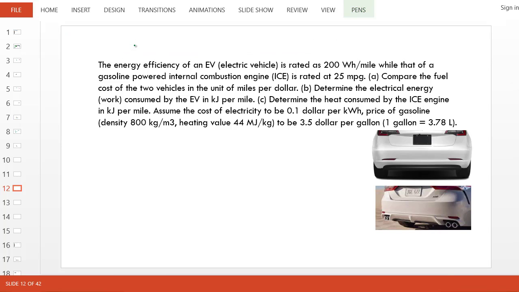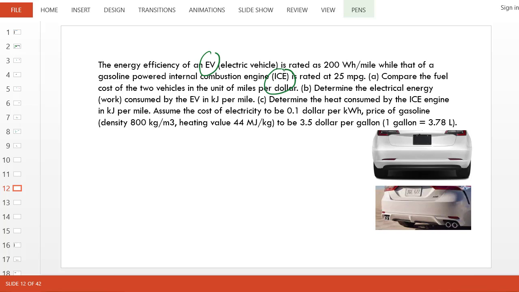Hello and welcome. In this problem, we are going to compare the fuel mileage of electric vehicles, or EV, with that of internal combustion engine, commonly known as ICE these days.